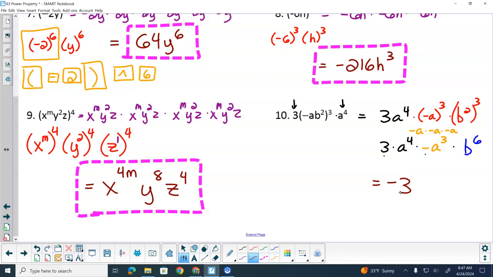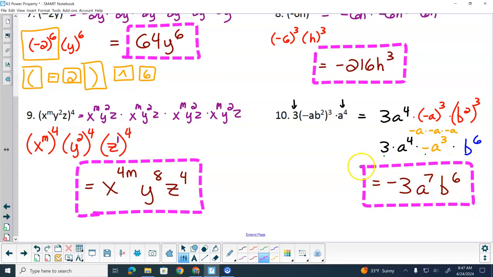Because there's 4 of them here, and there's 3 more there, so that gives me a total of 7. How many b's do you have? 6 of them. Okay?